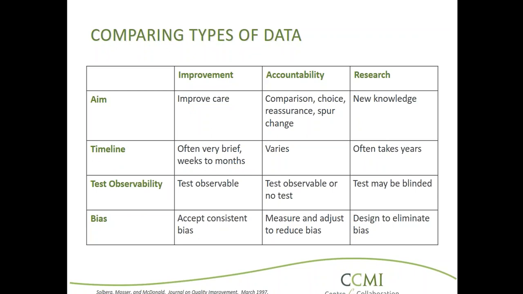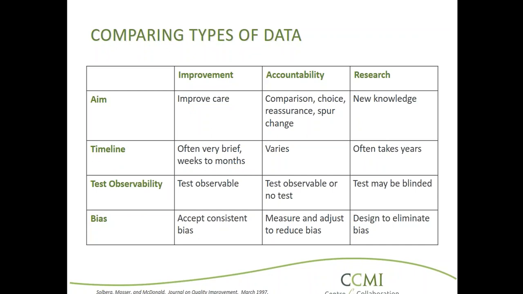Just enough data to let us know that what we're doing is actually making a difference. On the other end of the table, research would require what's called just-in-case data, enough data to make sure that the change they're testing is truly cause and effect or truly correlated with their hypotheses. And then accountability or evaluation might fall somewhere in between, depending on how rigorous you want to be with what you're evaluating.